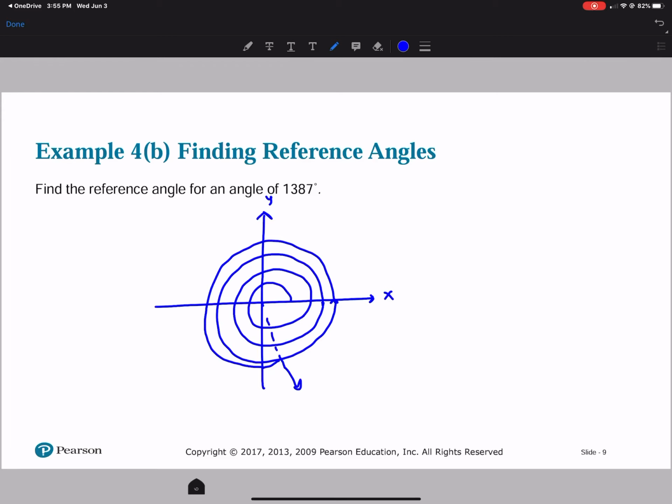But when I draw my reference angle, I have to keep in mind you always make your reference angle from there to here, to your x-axis. So now we're going to get 360 minus my 307 degrees. And that's going to give me 53. So my reference angle, which is theta prime, would be 53 in this case.